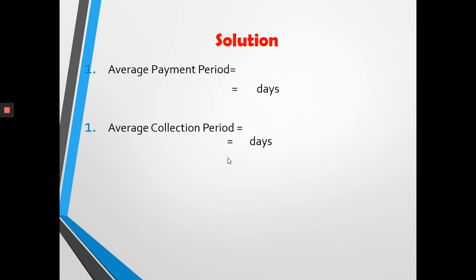How many days? You should be getting 46 days, right? Your receivables amount is 31,250 divided by sales 250,000 times 365 days, you should be getting 46 days.